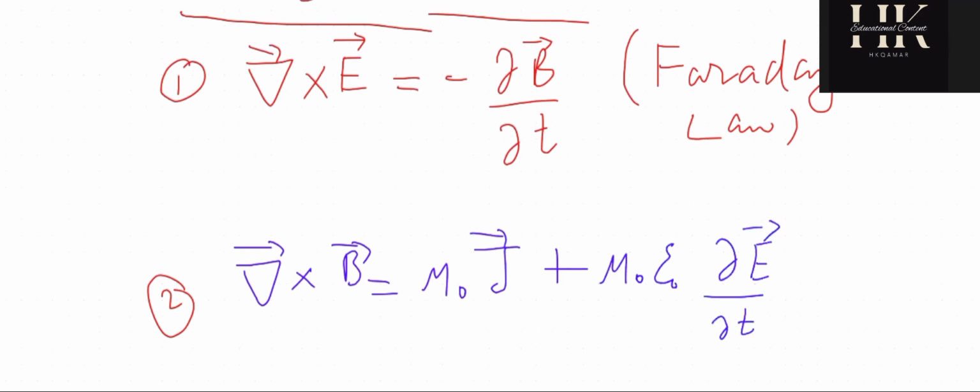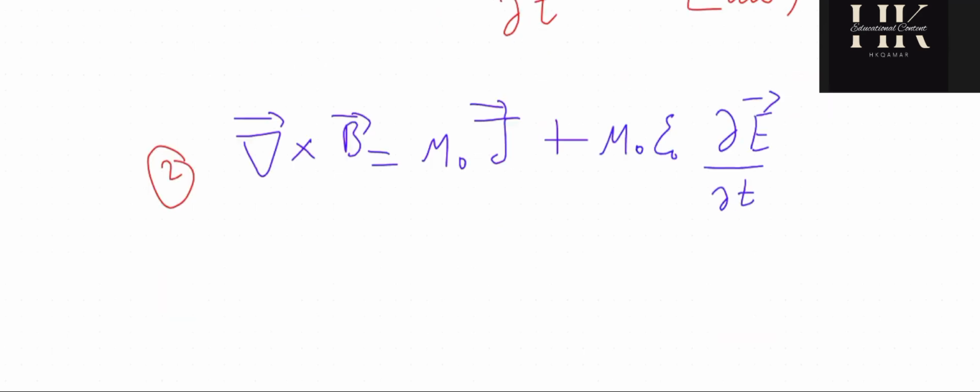Here, mu naught and epsilon naught are constants. Mu naught is the permeability of free space, while epsilon naught is the permittivity.